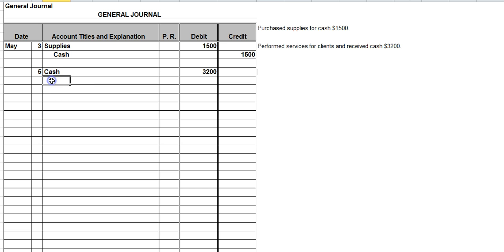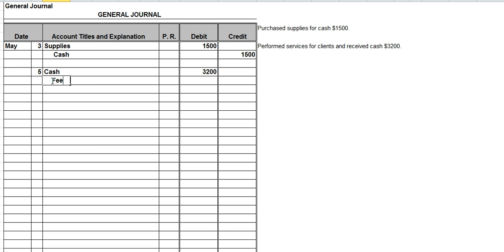3,200. If we performed services, doing whatever it is we're in business to do, that means that we earned revenue. I'm earning more revenue, so the balance of my revenue account is increasing. How do I increase a revenue account? Credit.